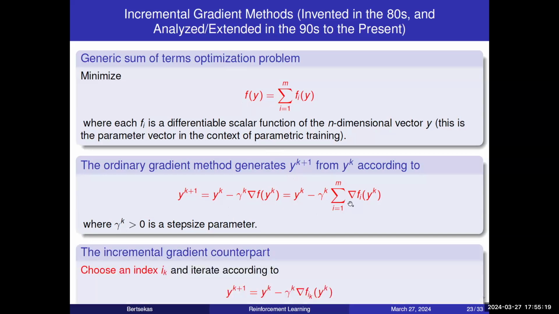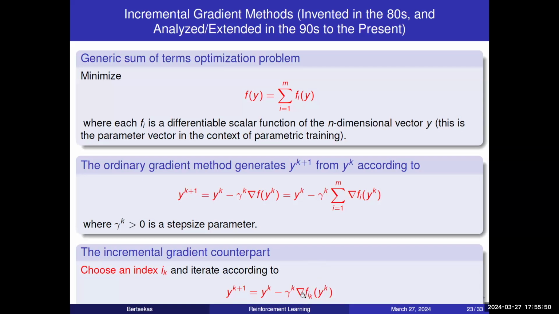But as we mentioned a moment ago, in the context of training, m can be enormous, and computing this sum is very expensive. The incremental gradient counterpart of this ordinary gradient method is simply to choose some index i_k and iterate according to this formula, and compare it against this one.